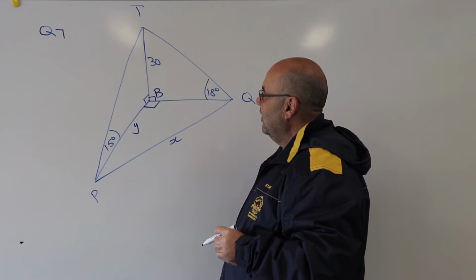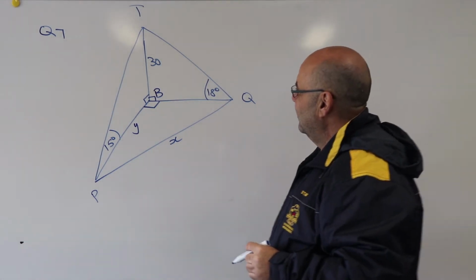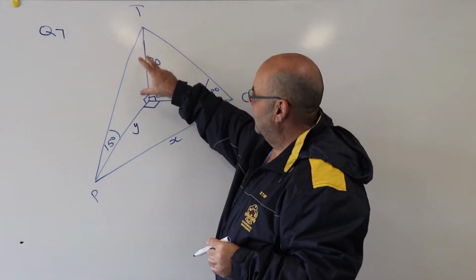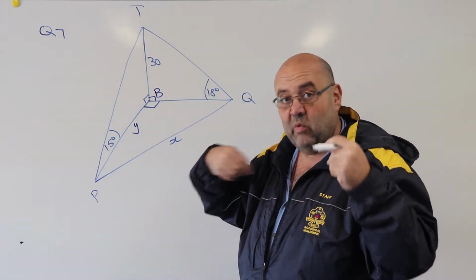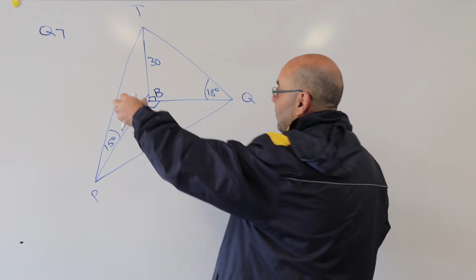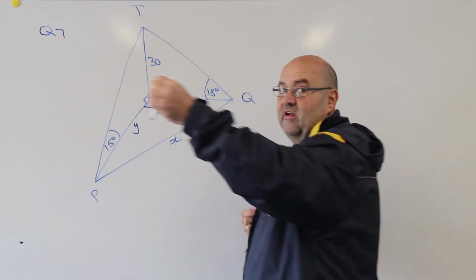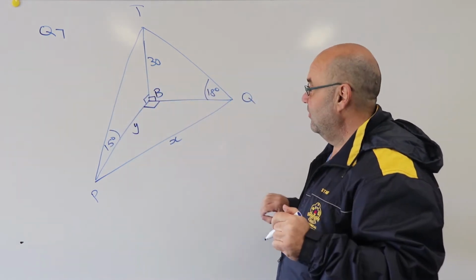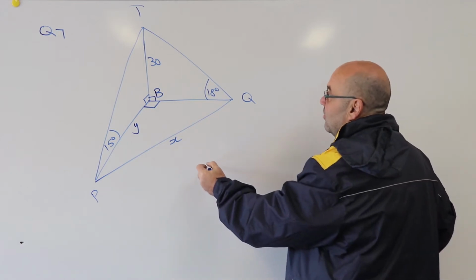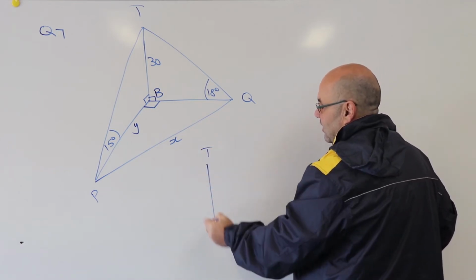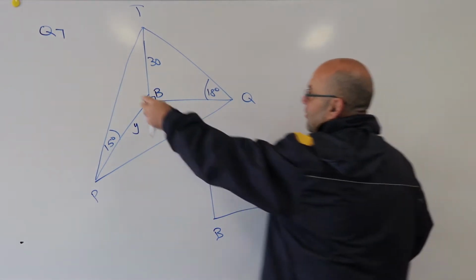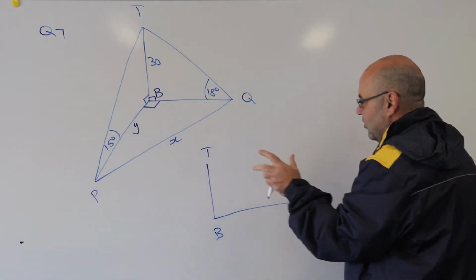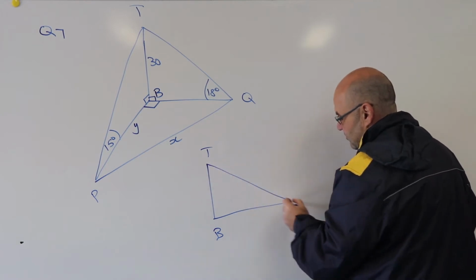They haven't actually told us the triangle, so what we're going to do is pull out this triangle from the side and lay it flat on our board. We're going to pull out the triangle TBP. So I've picked it up from there and laid it flat on the board over here.